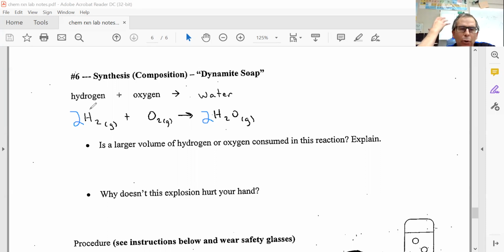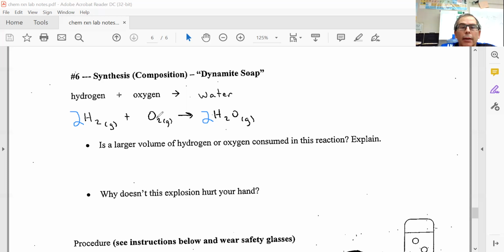So the ratio of the molecules of gas is the same as the ratio of the moles or molecules in the balanced equation. So there should be 2 parts hydrogen to 1 part oxygen by number of moles, or 2 parts hydrogen to 1 part oxygen by volume of gas. And if you look at the instructions below for making the dynamite soap, we have twice as much hydrogen as oxygen in that container, because that makes a combustible mix.